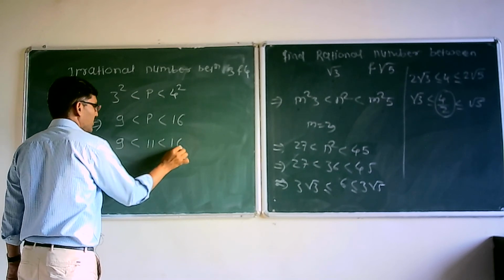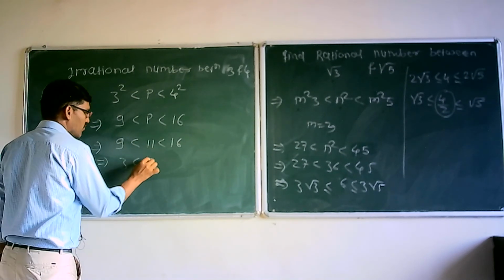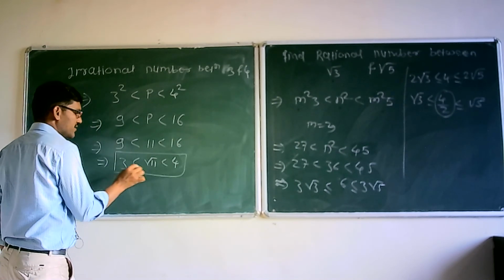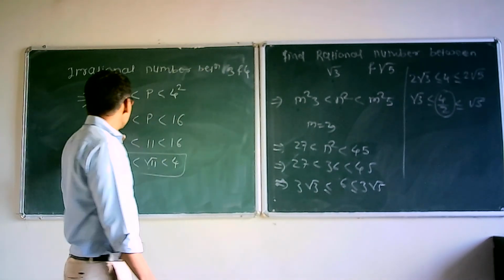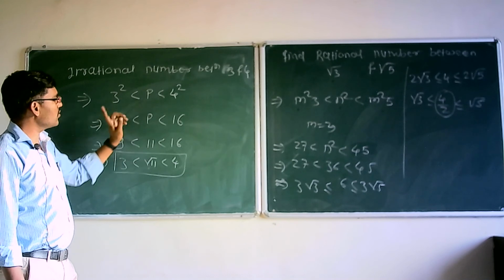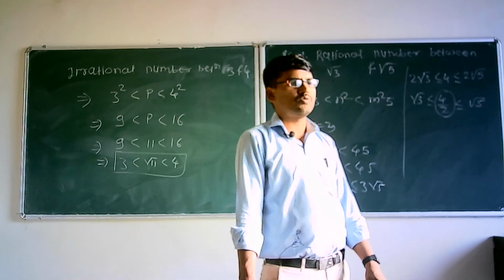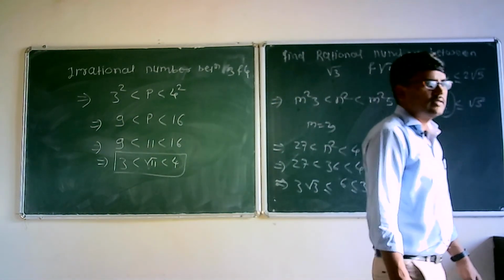Suppose you take 11, then take the square root on both sides: 3 less than or equal to root 11 less than or equal to 4. So root 11 is an irrational number between 3 and 4. If you take 13, then the square root of 13 also lies between 3 and 4, which is also an irrational number between two rational numbers. So hope you understand this topic.